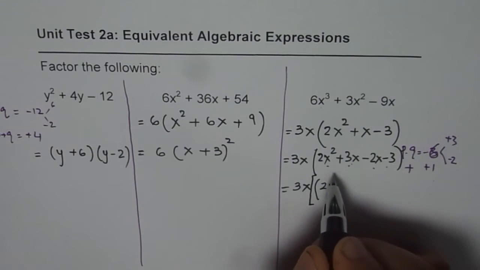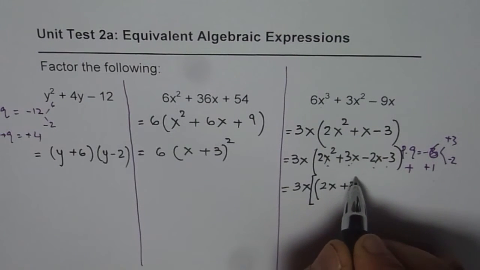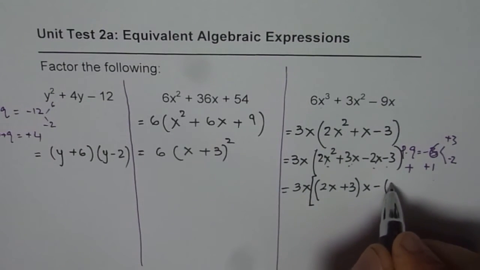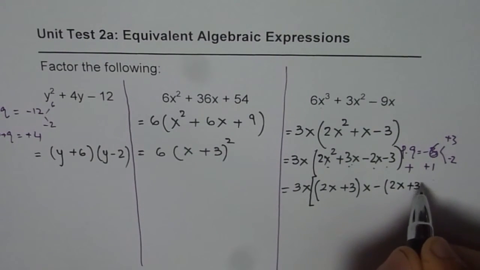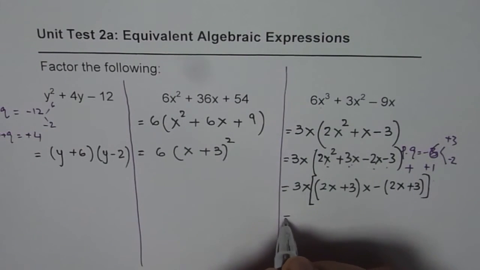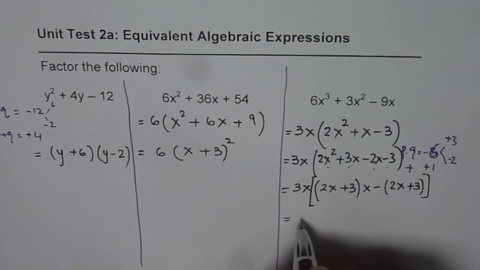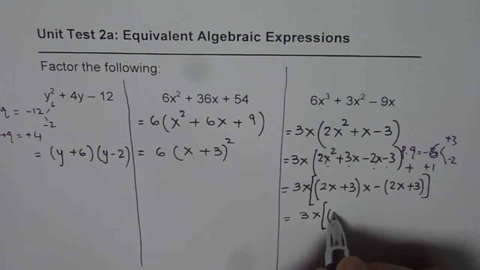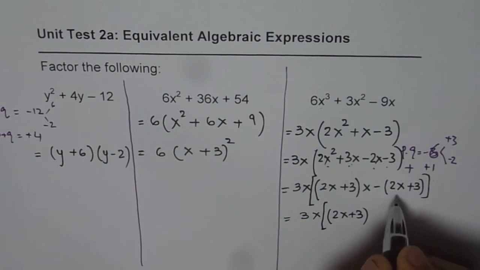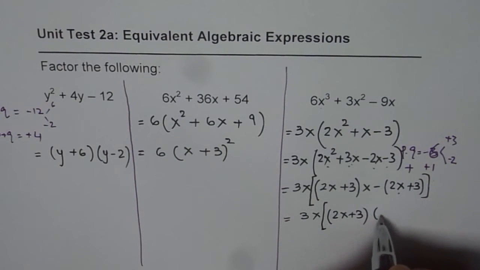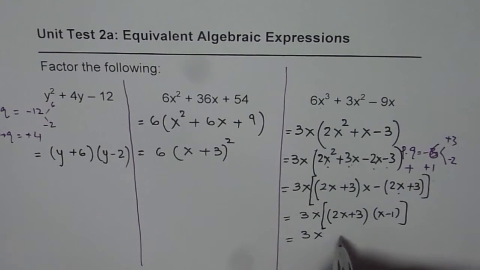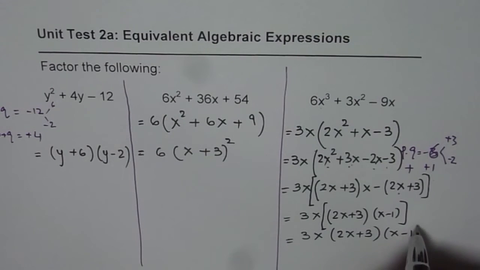So we are left with 2x plus 3, and minus 2x plus 3. Now we can take 2x plus 3 as common. So we have 3x times 2x plus 3, that is common, and we get x minus 1 as the other factor. So the answer is 3x times 2x plus 3 times x minus 1, right?